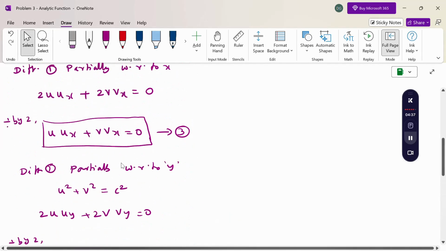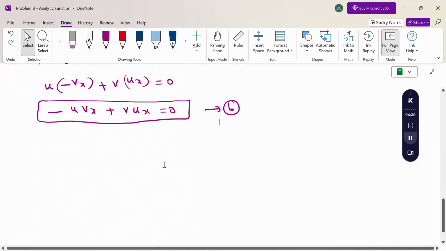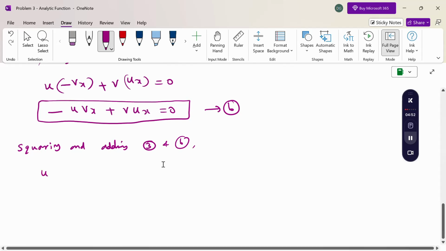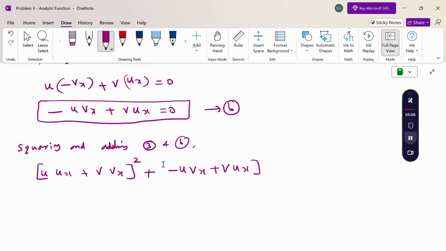Now squaring and adding equation number 3 and 6. The third equation, u ux plus v vx, squared, added to minus u vx plus v ux, squared, equals 0.